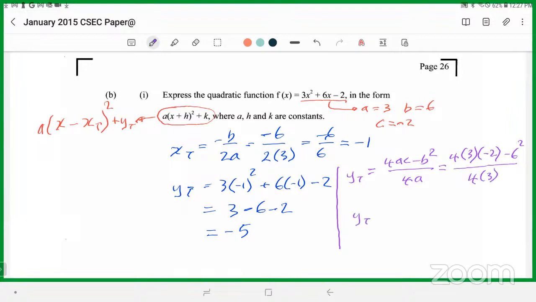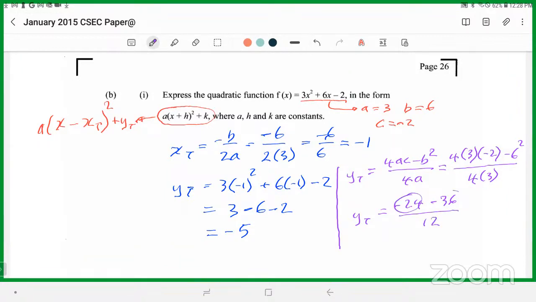So YT this time will be equal to, now 4 times 3 is 12, and 12 times 2 is 24, so that's a negative 24. And it's subtracting, this minus doesn't change, remember, it's subtracting 36. And you're dividing that now by 12.